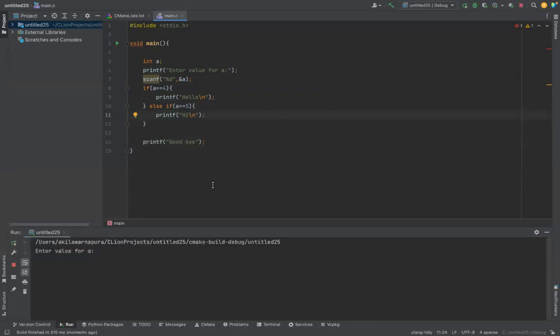So then what happens? Enter value for a. Let's say a is 5. Then hi, goodbye. It prints hi for 5, and after that goodbye. What happens if you do not put the slash n here?